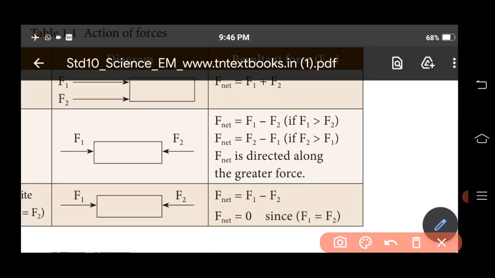We are subtracting the lower value from the higher value. And F net is directed along the greater force, this is very important.